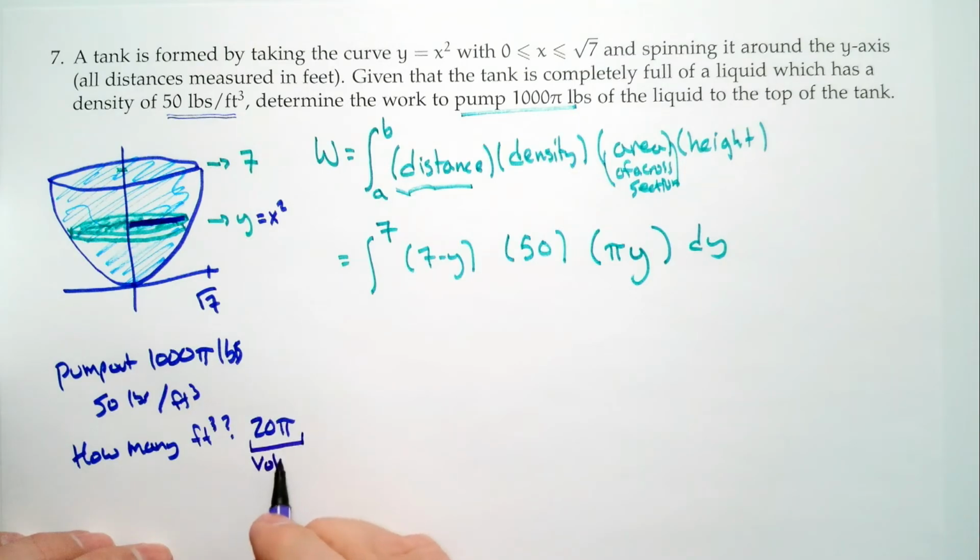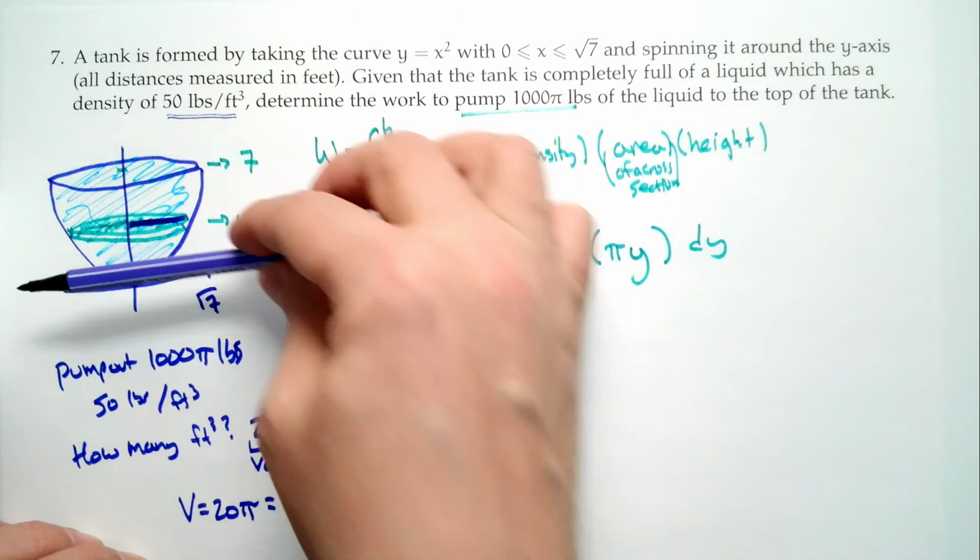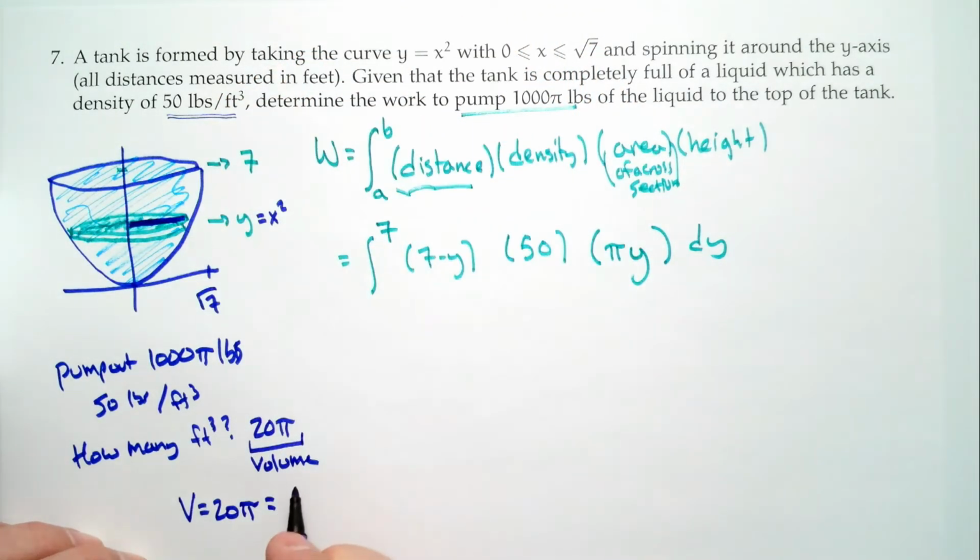Okay, so this is a volume that we're after. So now we're going to get to do a volume problem inside our work problem. We want our volume, which is equal to 20 pi. We're going to think of going from the top down, so it's got to equal the integral from some number, I'll call it a, up to 7.